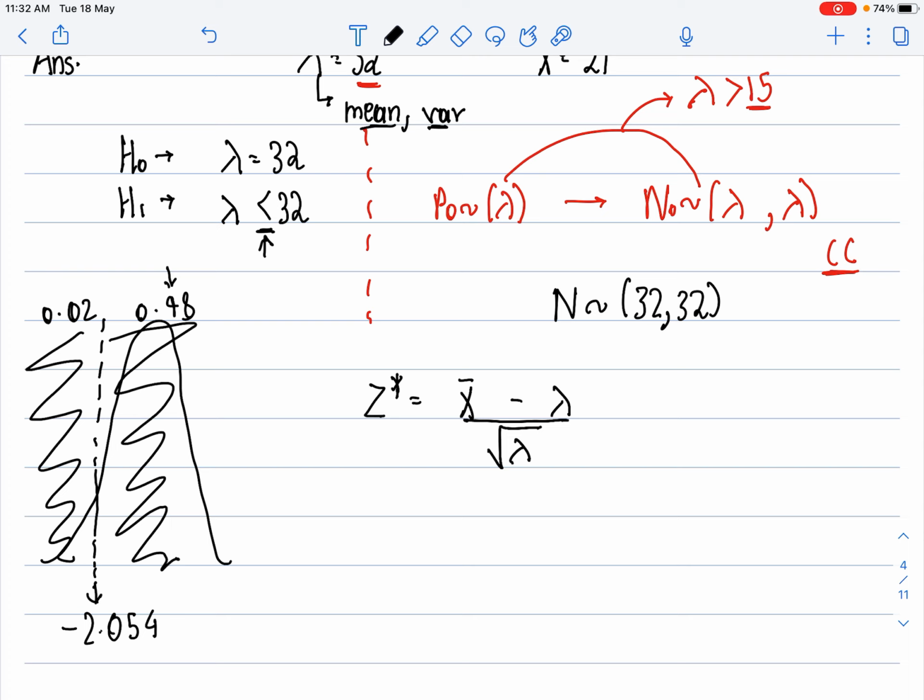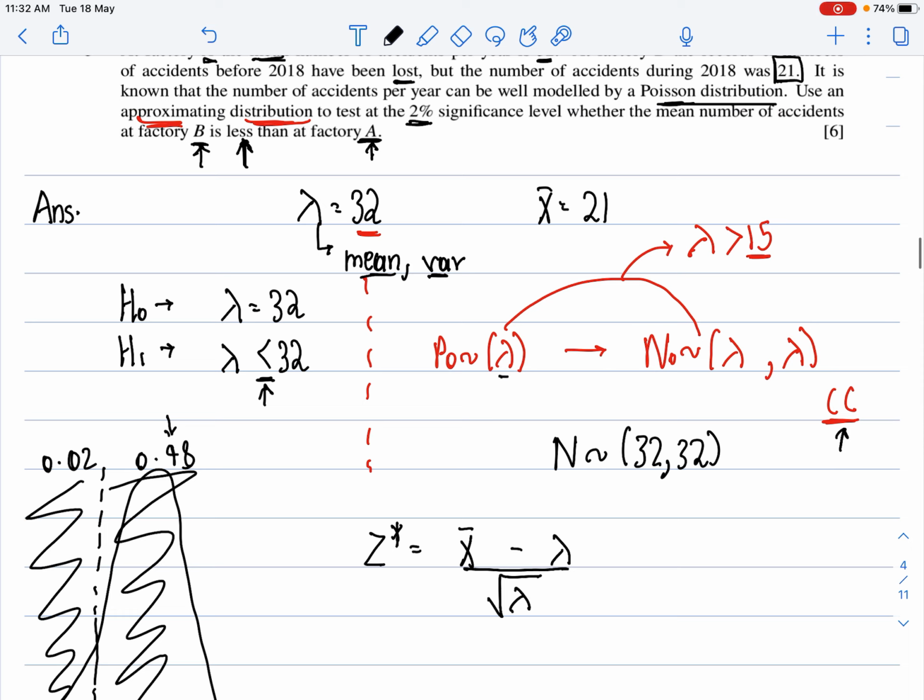A continuity correction is needed. Normally when converting from Poisson to normal, if the sign is more than, our test value of 21 becomes 21.5, but if the sign is less than, we should write 20.5.